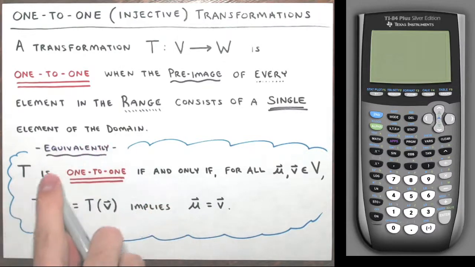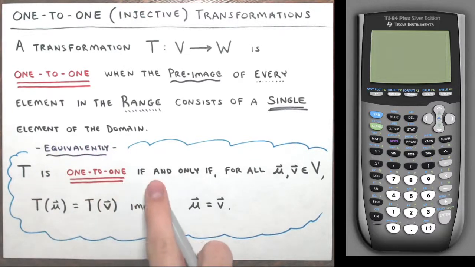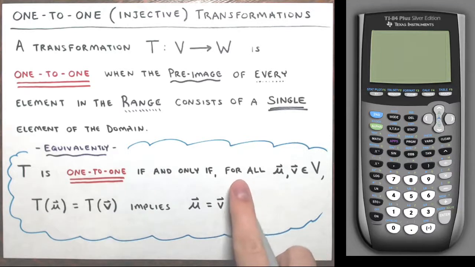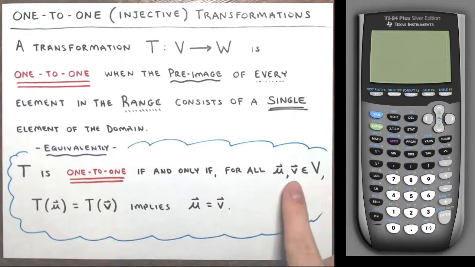So equivalently, T is one-to-one if and only if for all vectors U and V in the domain V, if T of U equals T of V, meaning the image of U under T is equal to the image of V under T, where the outputs are the same, then U must be the same as V.